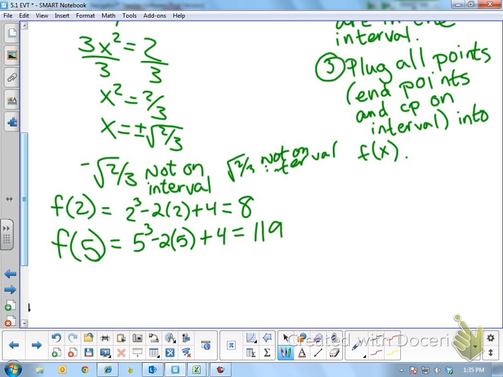The max is f of 5. The min is f of 2. Our highest value was at 5, our lowest value was at 2, and we have found our maximum and our minimum.